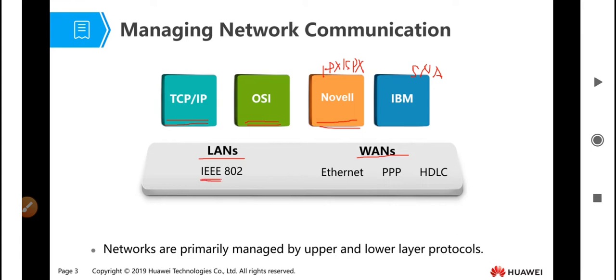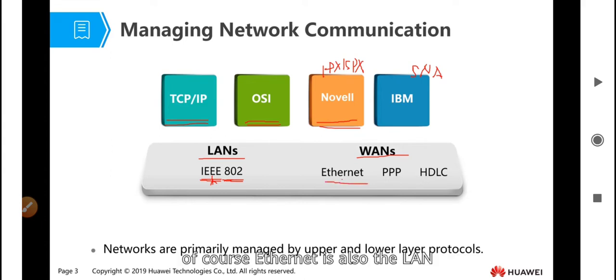Under the IEEE there's an office called 802. They specify many standards about LANs. And for WANs, nowadays we usually use Ethernet.